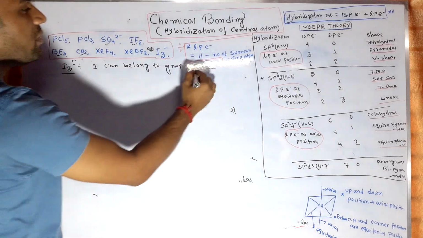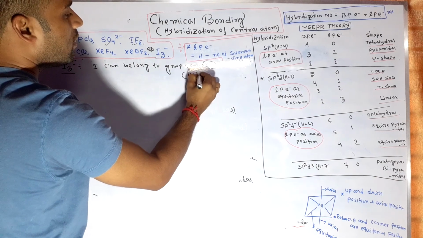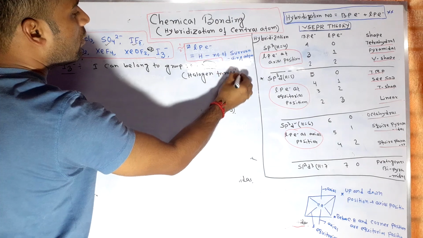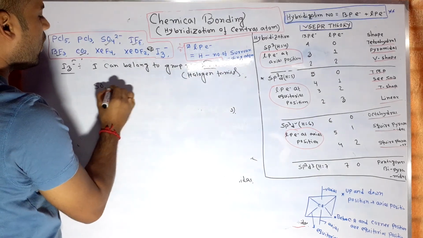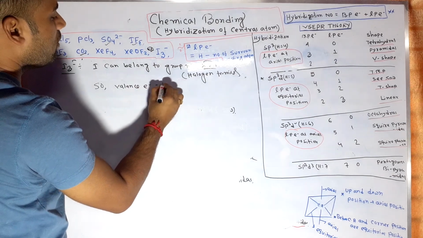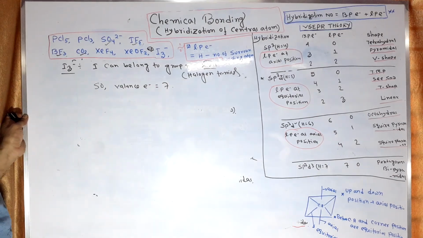All group 17 elements are the halogen family. All halogen family elements have valence electron 7.